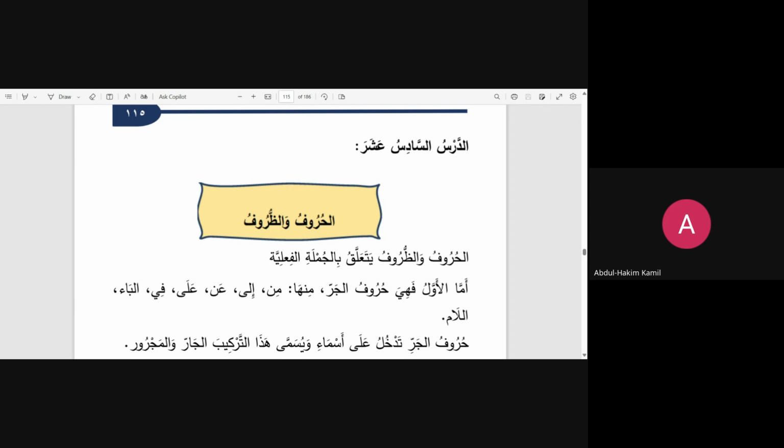So now, when we look at a sentence, we know what's in the sentence? فعل, فاعل, مفعول به, الظرف, أو الحرف. That's the whole sentence. Like إلى المدرسة, I'm not going to be trying to explain what. No, that's just attached to the complete sentence.